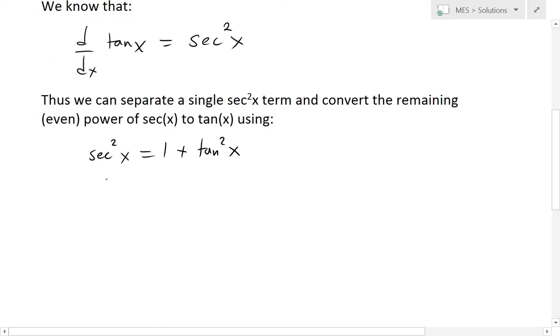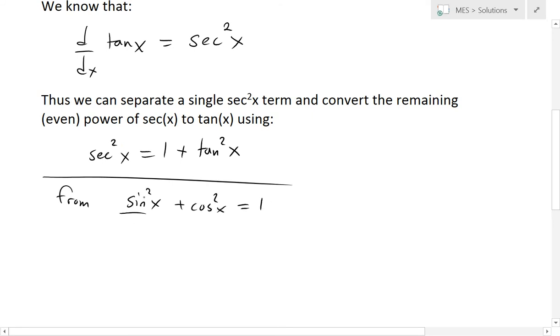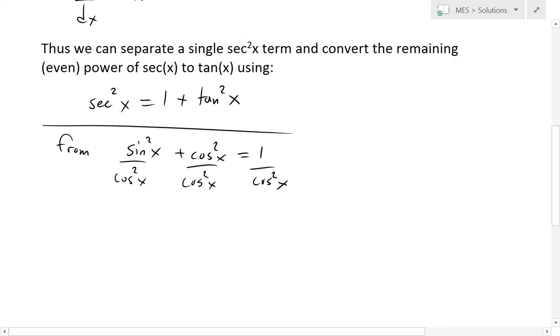Now this identity comes from the basic one, sine squared plus cos squared of x equals 1. If you divide everything by cos squared of x, you get tan squared of x plus 1 equals secant squared of x.